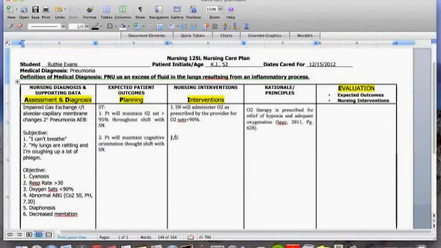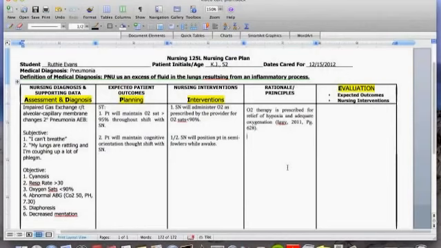So I could even say 1 and 2. But we also are going to say student nurse will position patient in semi-Fowler's while awake. Well, we all know that if you're sitting upright instead of lying down, you're going to have better oxygenation, but we need some evidence-based rationale here.